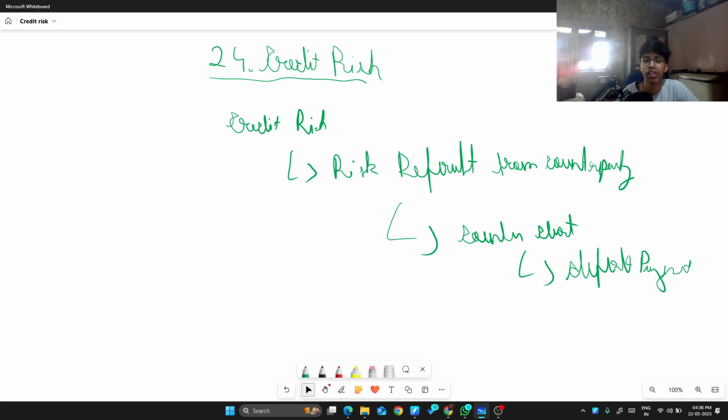So it is a risk faced by the other side of the counterparty, or if we are a bank, it is a risk faced by us that if our counterparty defaults on the payment, the total exposure of the whole transaction is a credit risk.